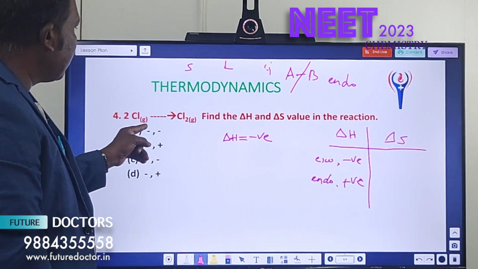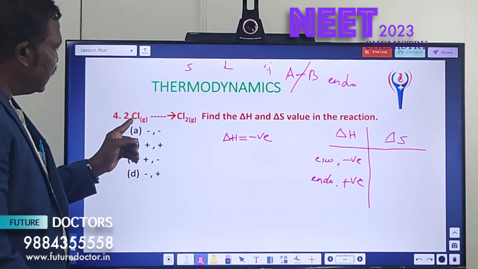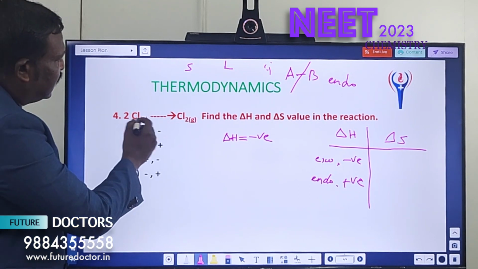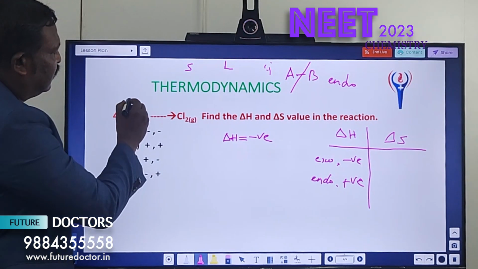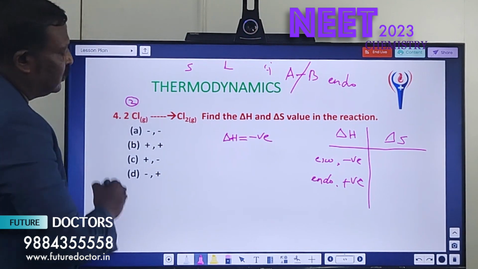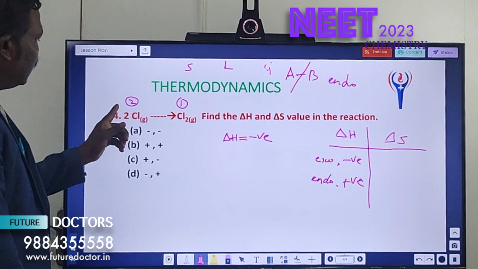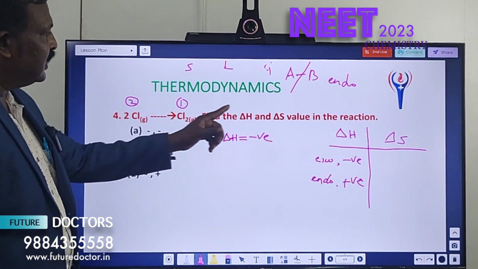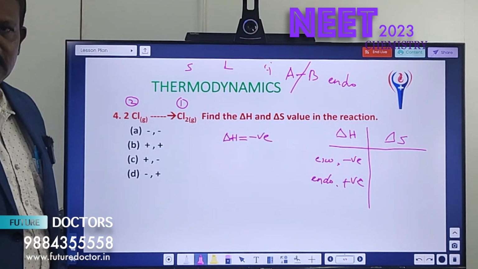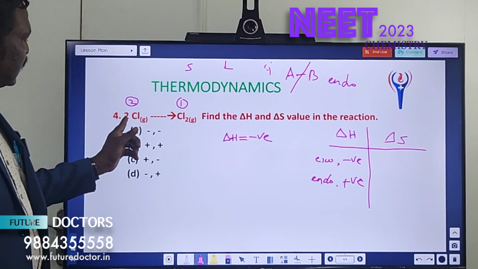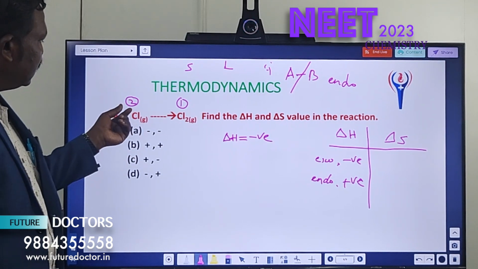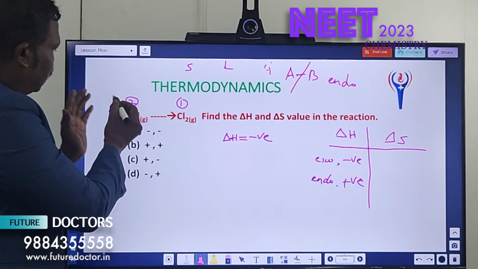Understood? Here, on the left-hand side, 2 species are there, and on the right-hand side we have only 1 species. Whenever the number of species decreases, entropy also decreases.